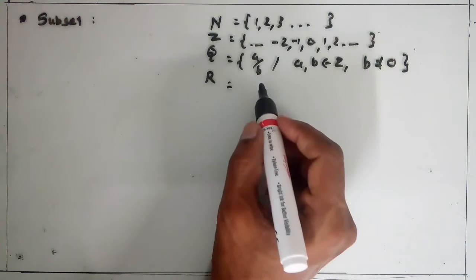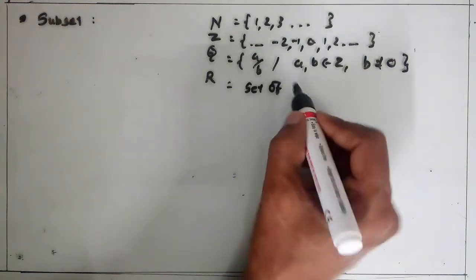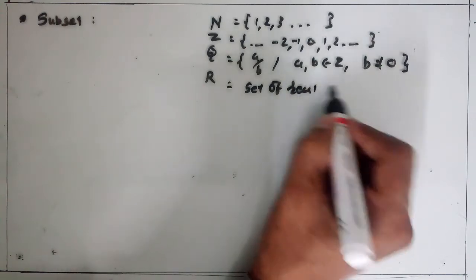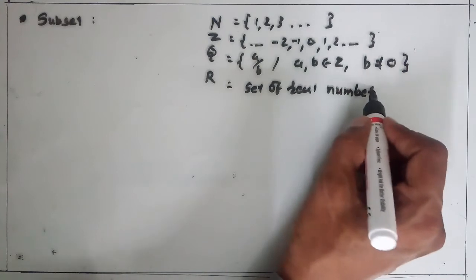R is a set of rational and irrational numbers, that is, a set of real numbers. Clear?